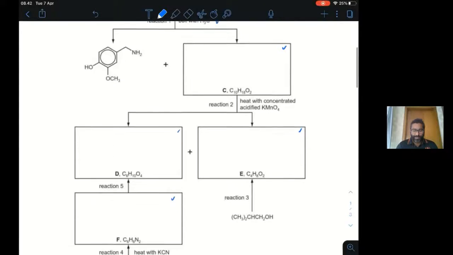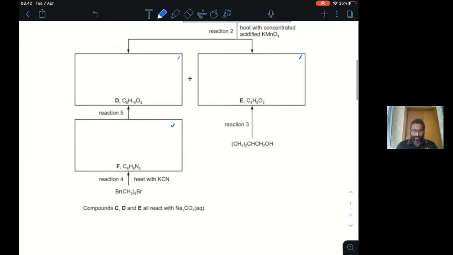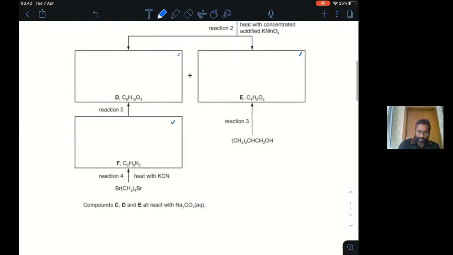So if you look over here, first I know that there is going to be a halogenoalkane, CH2, if I draw here, Br and then Br. When I react with KCN, you notice that there are 4 carbons over there, and what happens is I'm going to have 6 carbon.